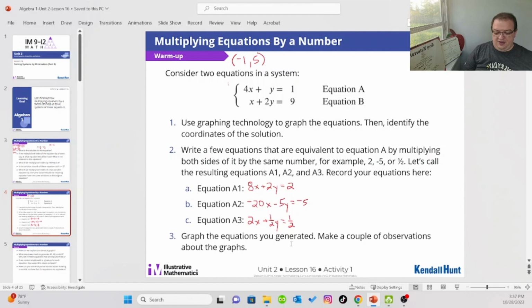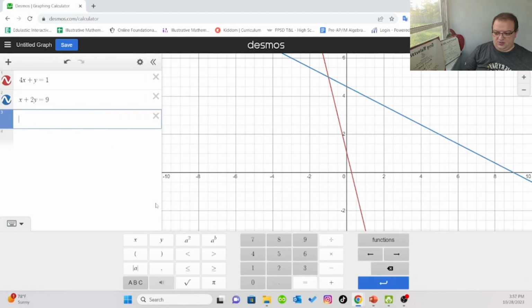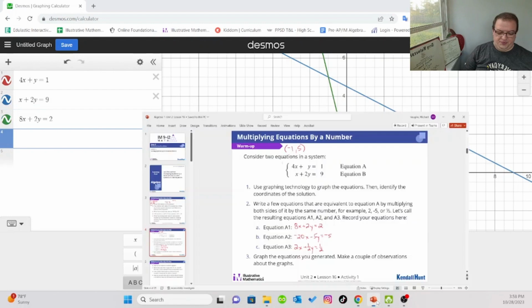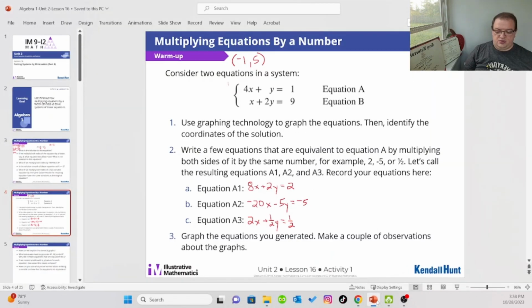Now they want us to graph these equations that we generated. So 8x plus 2y equals 2. Notice it lays right on top of the red line. That is because they are still the same line. They are still equivalent to each other. Next one is -20x minus 5y equals -5.